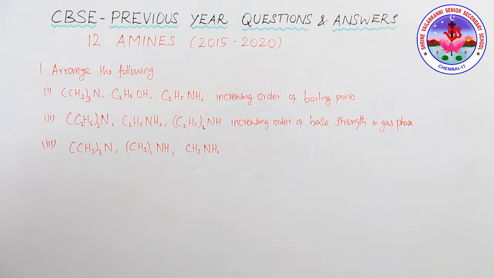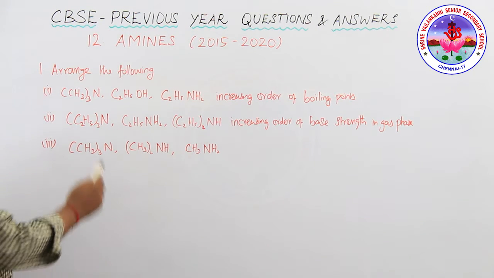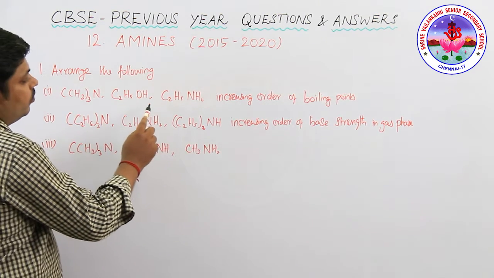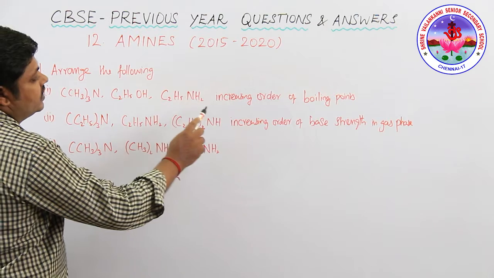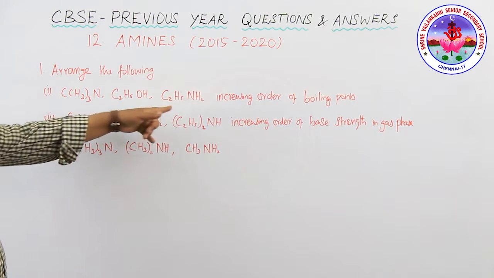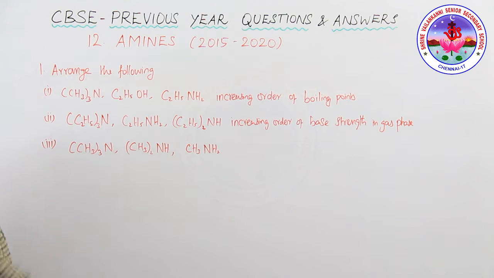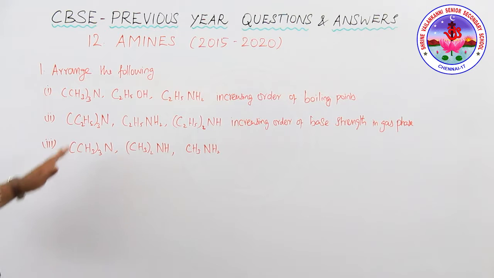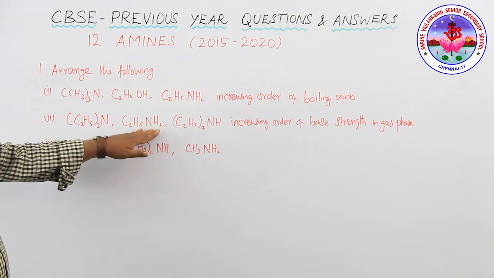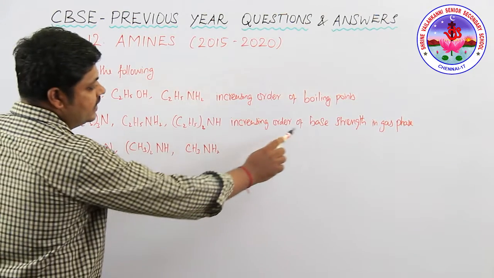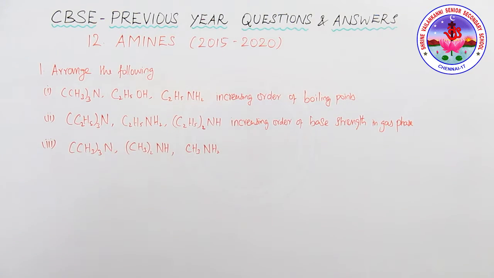The first question is: arrange the following. First, (CH3)3N, C2H5OH, C2H5NH2 in increasing order of boiling point. The tertiary amine, primary amine and alcohol are given. Then a tertiary amine, a primary amine and a secondary amine are given, and you have to arrange them in increasing order of base strength.